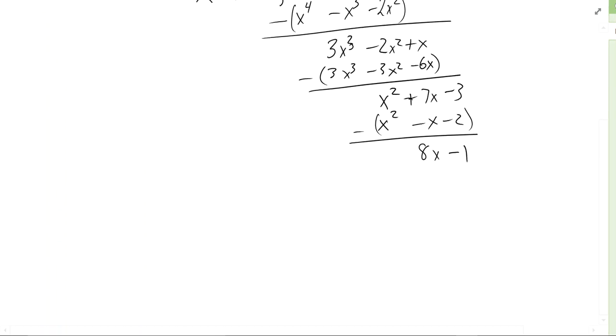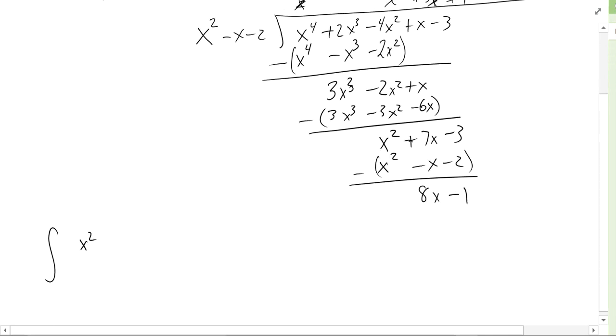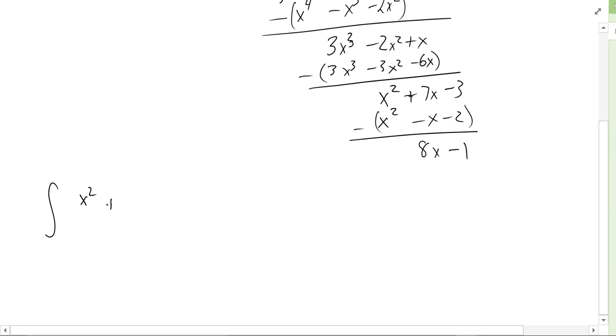So I'm taking the integral of x squared, I forgot what it was, x squared plus 3x plus 1 plus 8x minus 1 over, let's go ahead and factor that denominator. I believe it factors as an x minus 2 times an x plus 1.